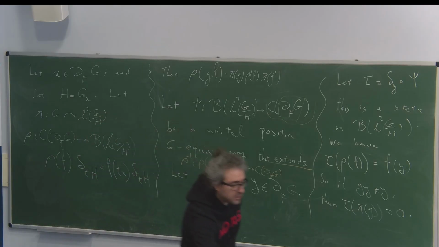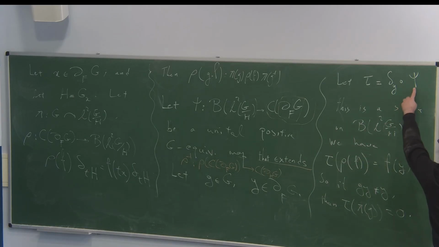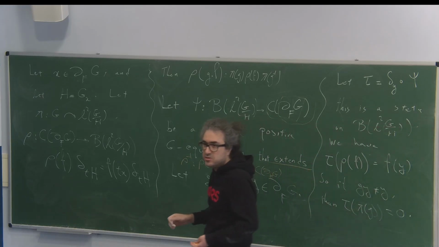What does this tell me? That the map psi of pi of g, which is a function on the boundary, must be supported on elements that are fixed by g. That much I know. Outside the fixed points, it vanishes.